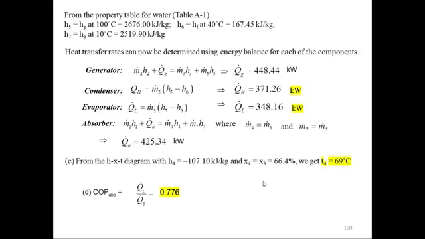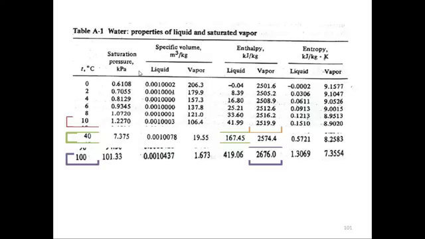For that we can use the table. So from the property table of water, table A1, and I think I copied it here, right here. Those values are already highlighted.